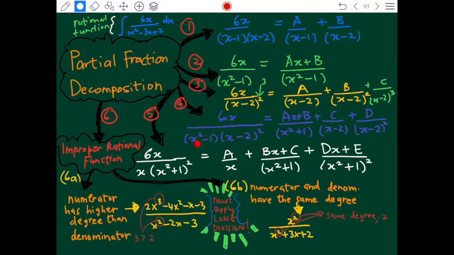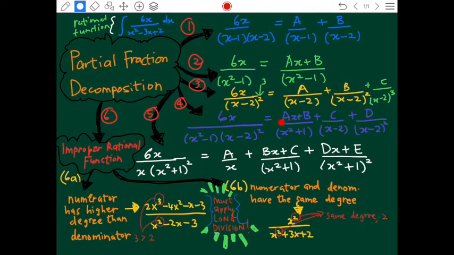6x over x squared minus 1 times x minus 2 squared. So in this example, we have x with power greater than 1, x power of 2 or x squared, and we have another function that is power of 2. So basically this is a combination of type 2 and type 3 here. So what you can do is break it into 3 components of partial fraction.